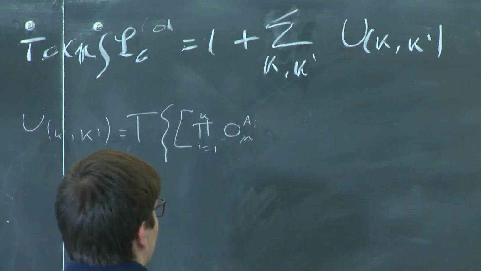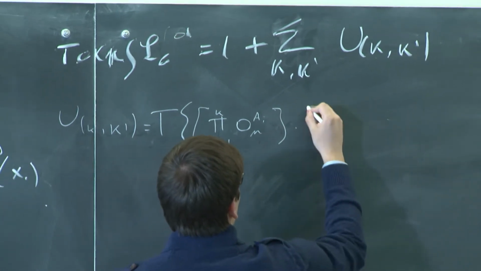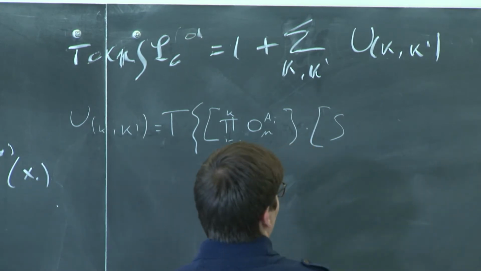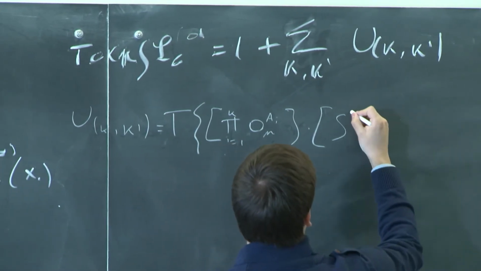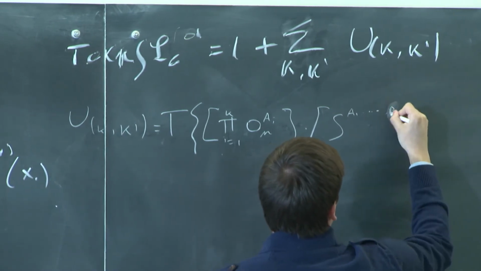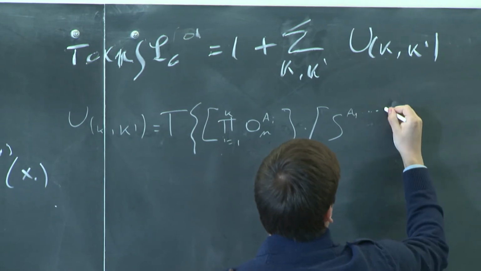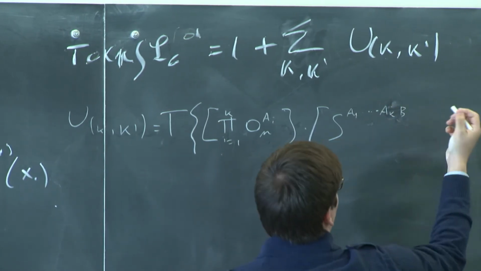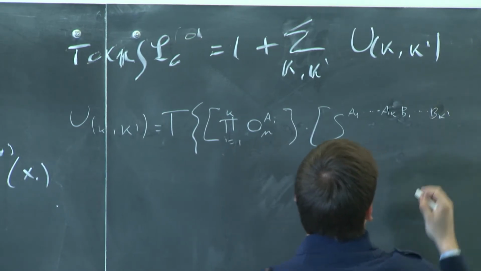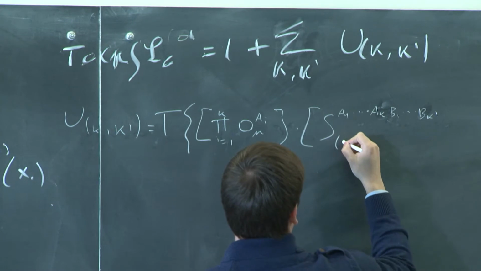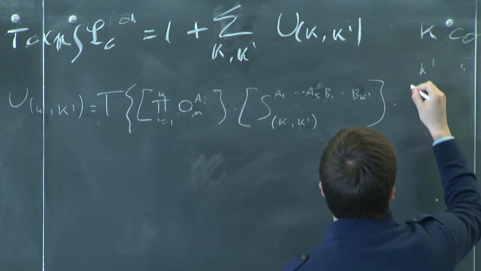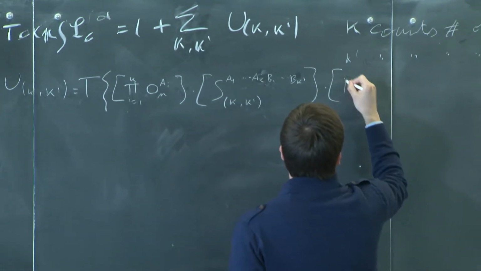This guy brings some color index, times a soft operator that is gluing the n and the n bar sector, and this is going to have all the color indices, so from A_1 to A_k, and then k prime color indices from the other sector, B_k prime, and we label this in the same way as the overall momentum, times the same idea on the other side.